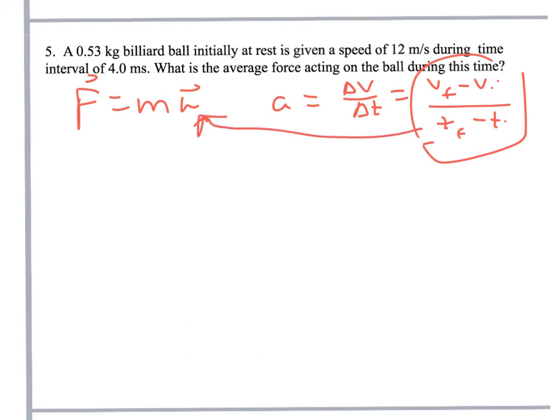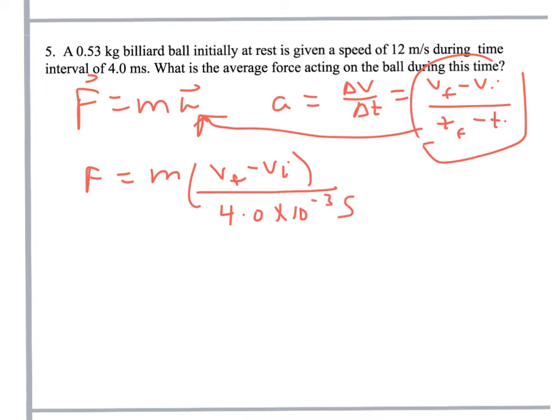We want to substitute that in here. So our force equals our mass times our final velocity minus initial velocity, over the time. I'm just going to put our 4 milliseconds down here, and so that's 10 to the negative third seconds. We want to make sure we keep everything in SI units.